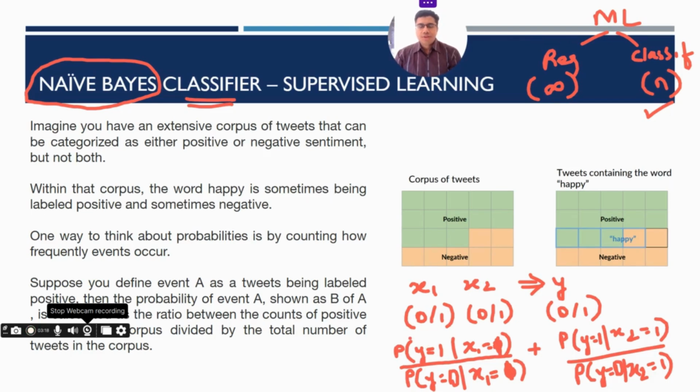In practice, this will be a logarithmic addition, the logarithm of the ratio. If this sum is greater than 0, then we can say that the prediction will be positive, that is y will be 1, and if this sum is less than 0, then we can say that y will be negative.